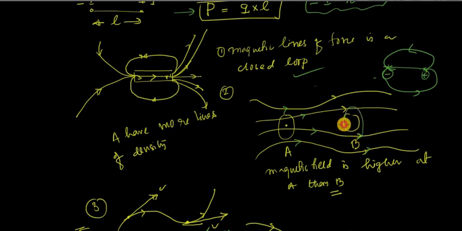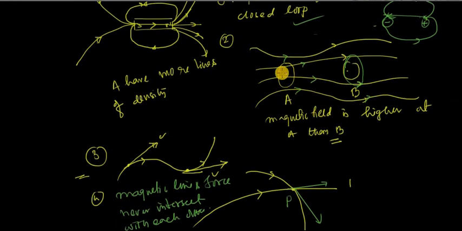That means the surroundings of point A have a higher density of lines of force than point B. That means at point A the magnetic field strength is higher than at point B. A higher density of lines of force surrounding a point corresponds to a higher magnetic field strength or a higher magnetic field vector.